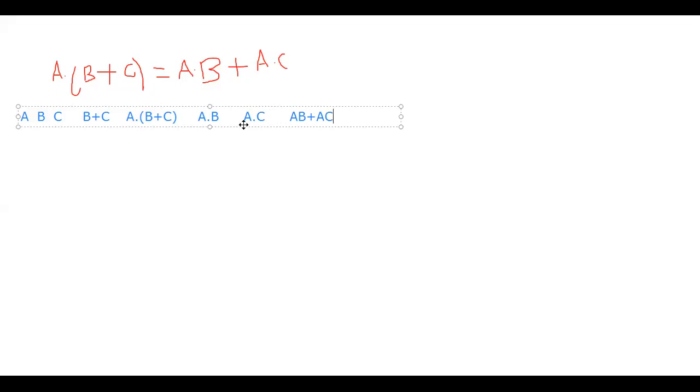For getting that, write the combinations first. 0, 0, 0; 0, 0, 1; 0, 1, 0; 0, 1, 1; 1, 0, 0; 1, 0, 1; 1, 1, 0; 1, 1, 1.